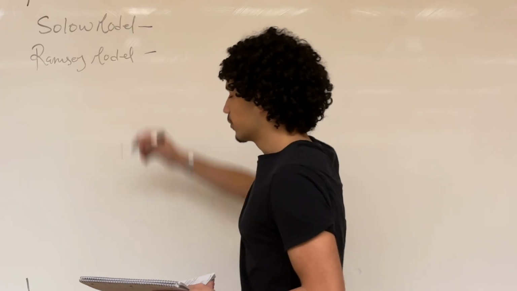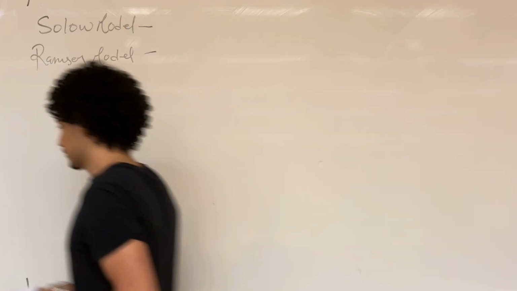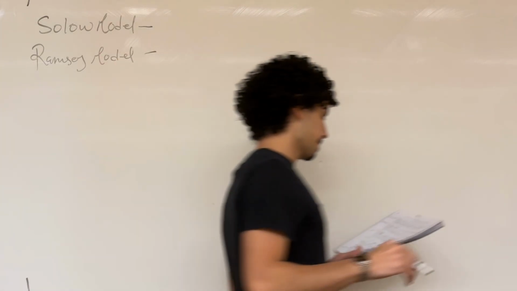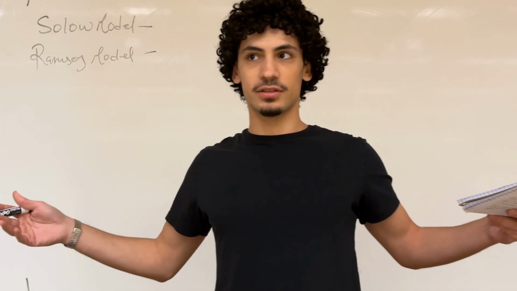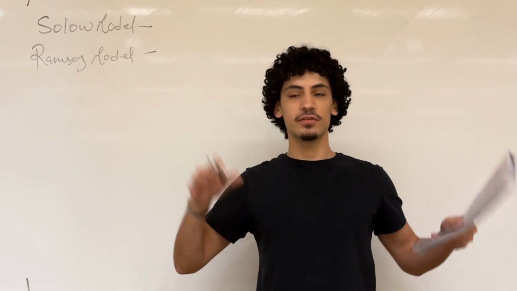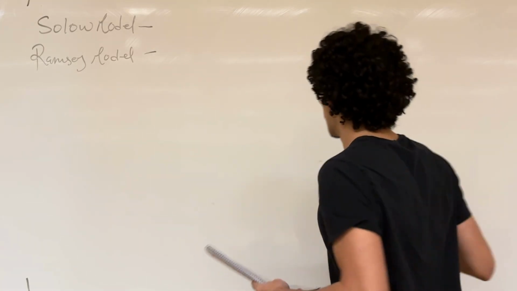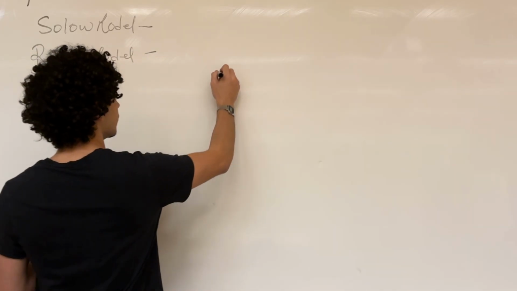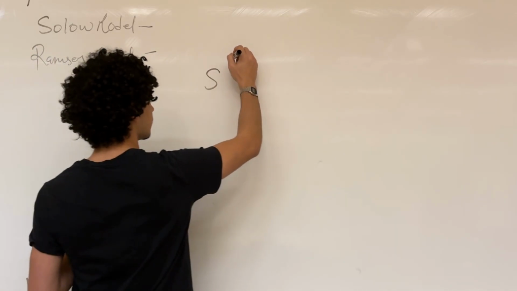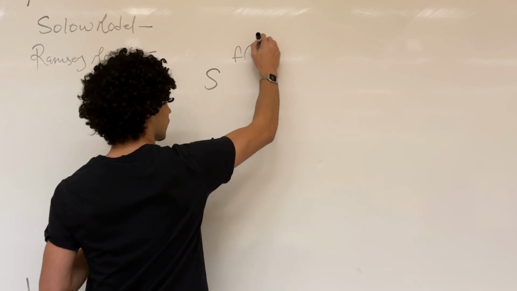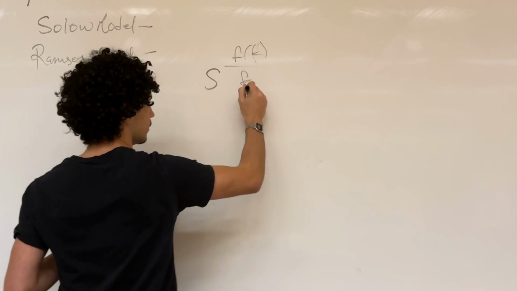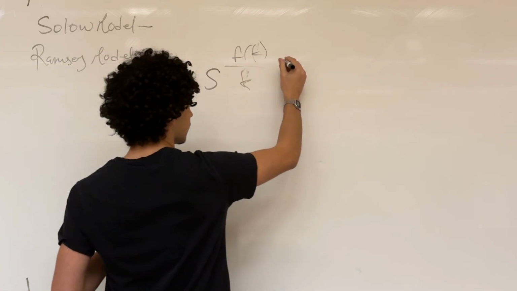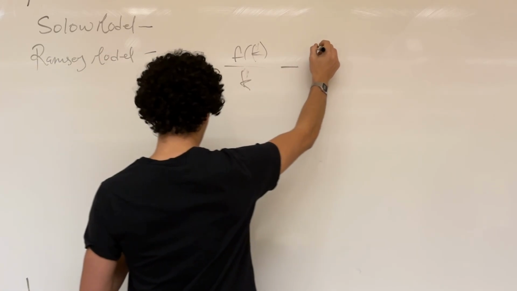So starting with the Solow model, what is it? The Solow model is an equation of inflow and outflow. Here we have the savings rate, this is K, minus some parameters.